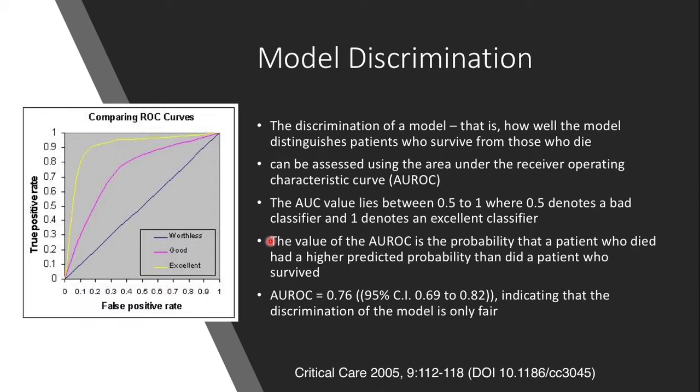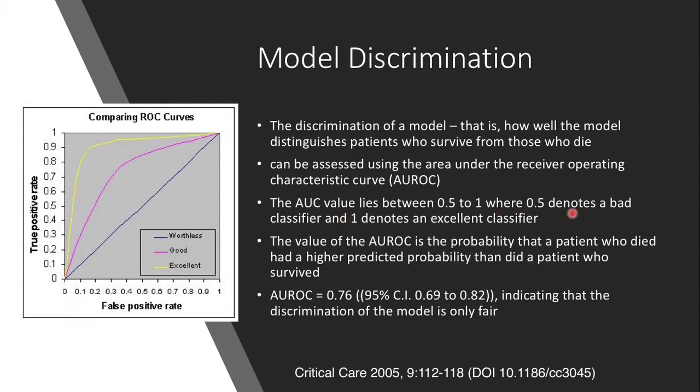Then they looked at their cutoff scores and at model discrimination using ROC curves. Now this is just an example; it doesn't go with this data. This refers to the discrimination of a model, that is, how well the model distinguishes patients who survive from those who died, and we can evaluate that with an ROC curve.